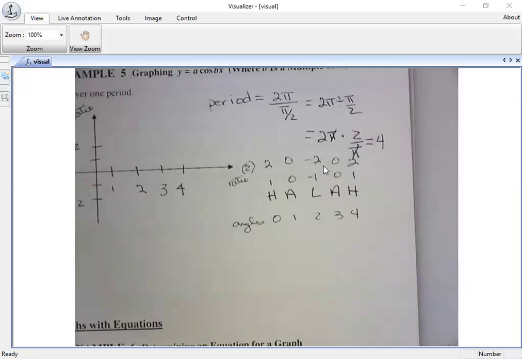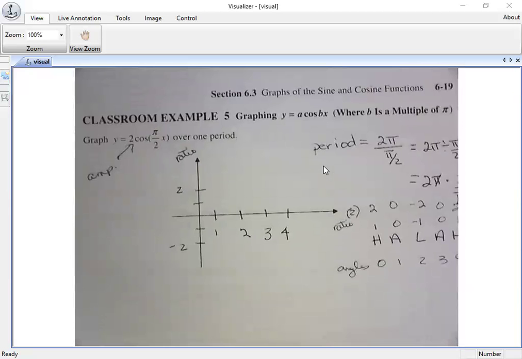So what if I get somebody to come up here and you show me how you would graph this? Volunteer? Oh, come on down. We did this the other day. All right.